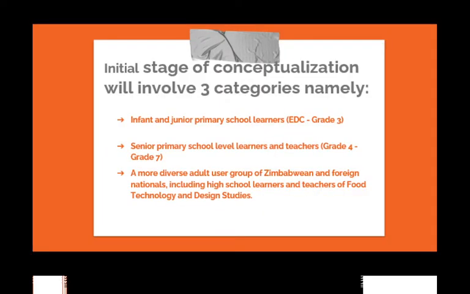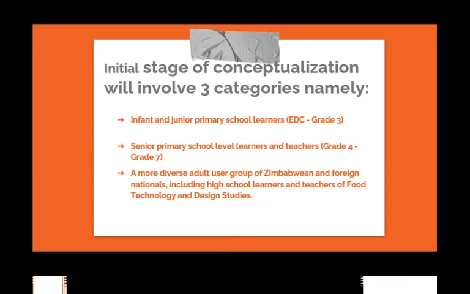And then in the initial stage of conceptualizing, we got to three categories in differentiation in our dictionaries. So we saw that we need one for infant and junior primary school learners, which is ECD to grade 3. Secondly, we need senior primary school level learners and teachers, which is grade 4 to grade 7.